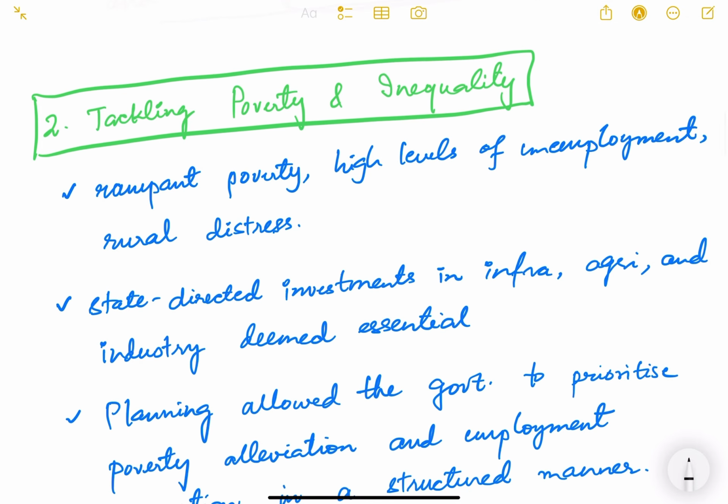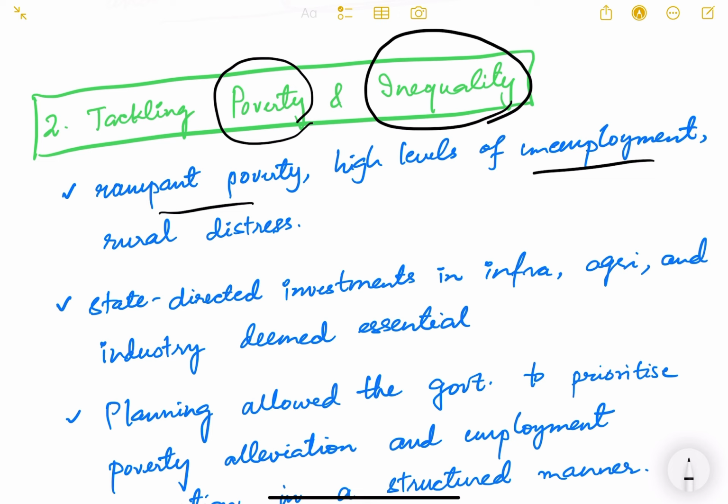Next is tackling poverty and inequality. We had to fight these problems. Rampant poverty, high levels of unemployment, and rural distress were present. State-directed investments in infrastructure, agriculture and industry were deemed essential, because there was not much private sector participation.